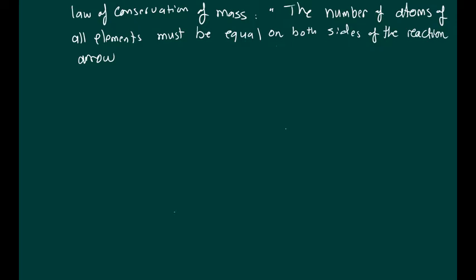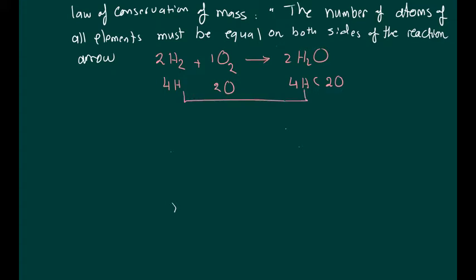So if I start a reaction with two hydrogen molecules, that means I have 4 hydrogen atoms, and 1 oxygen molecule means 2 oxygen atoms. You should also finish your reaction with molecules which have the same number of atoms. So I have here also 4 hydrogen atoms and 2 oxygen. This means that the number of atoms before and after the reaction should not change.